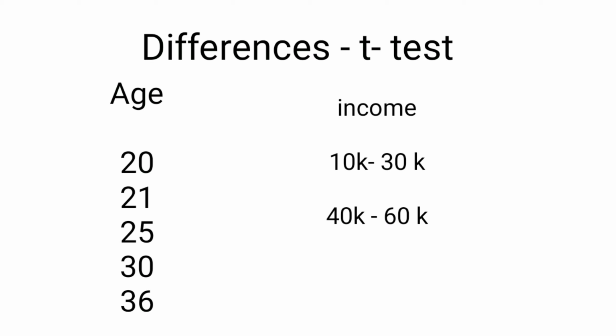Whereas if you look at income, I made two categories, from 10,000 to 30,000 as one category and 40,000 to 60,000 as the second category. So here one variable is actual data and the second variable has categories, and in this case you can find the differences between the variable age and the variable income.